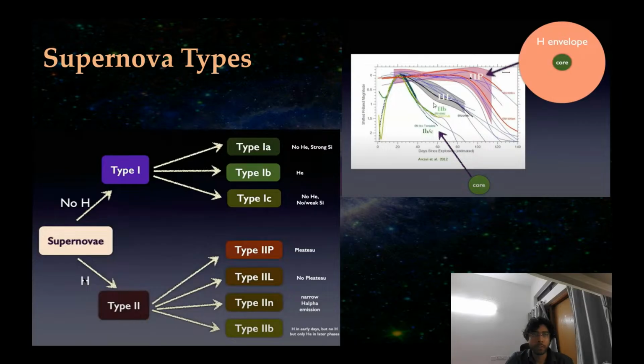And just one more point to add is why we have these two broad classes, like what is actually happening in these supernova systems.